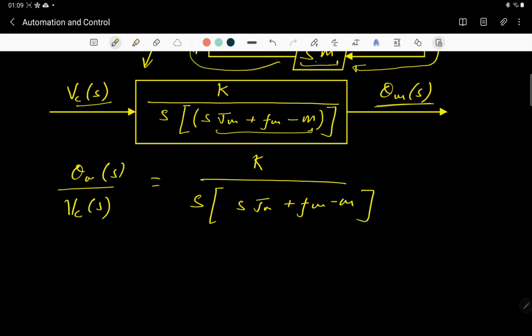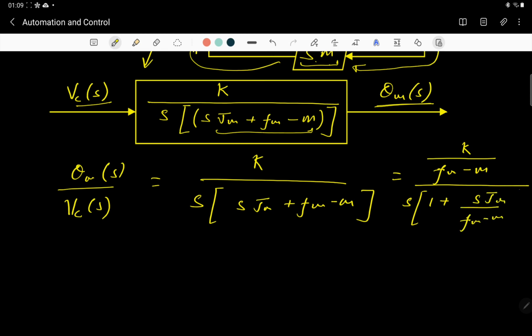Now you can further reduce this equation. How? K upon (fm minus m), then s upon 1 plus s Jm upon (fm minus m). We have just reshuffled this equation.